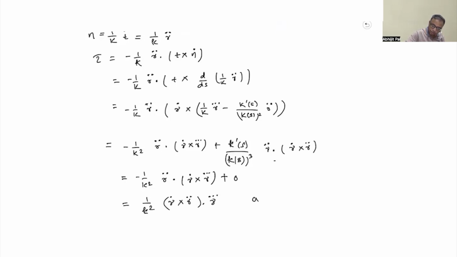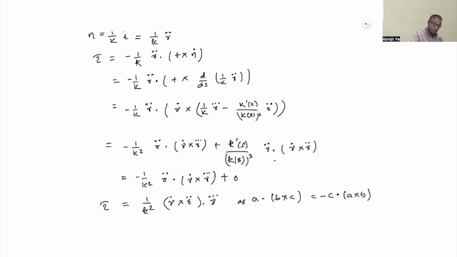So why is this true? For a vector product with b cross product c, this is equal to minus c dot product with this vector a cross b. Okay, so now this tau is equal to this thing.